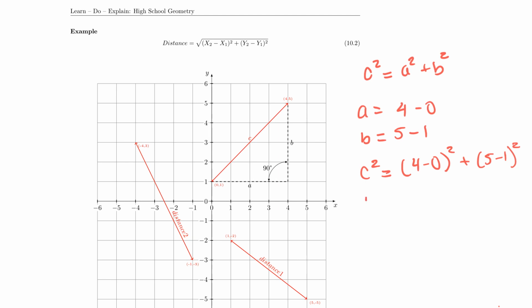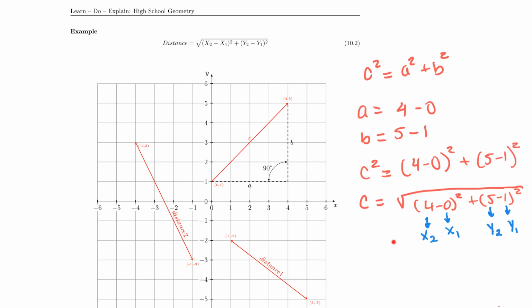We end up with c equal to the square root of (4 minus 0) squared plus (5 minus 1) squared. Remember that 4 is the x-coordinate of point 2, 0 is the x-coordinate of point 1, 5 is the y-coordinate of point 2, and 1 is the y-coordinate of point 1.